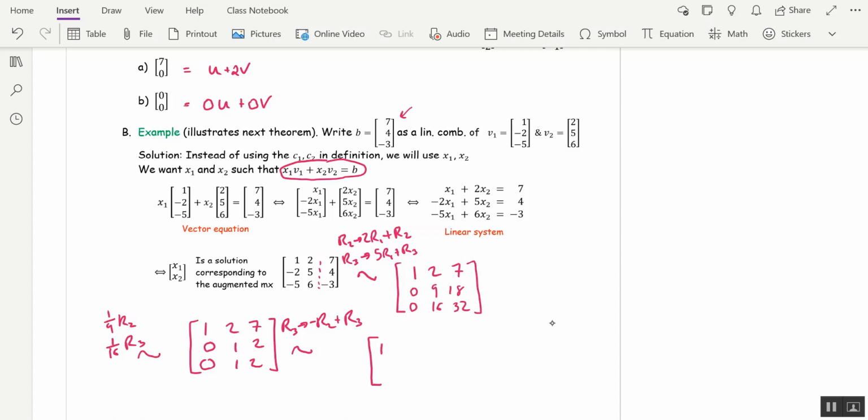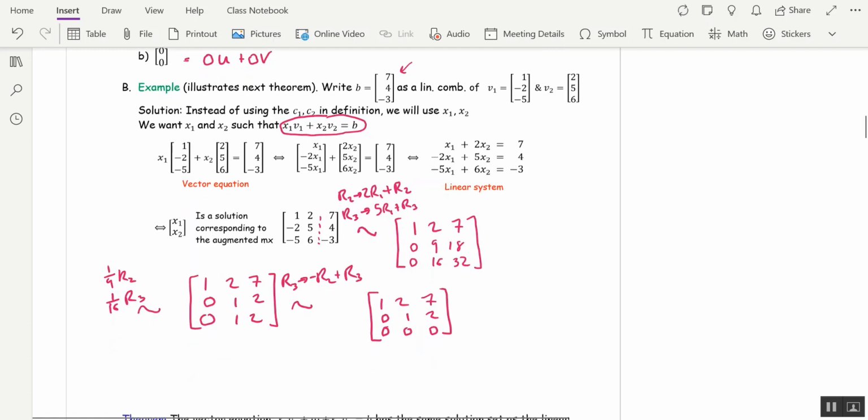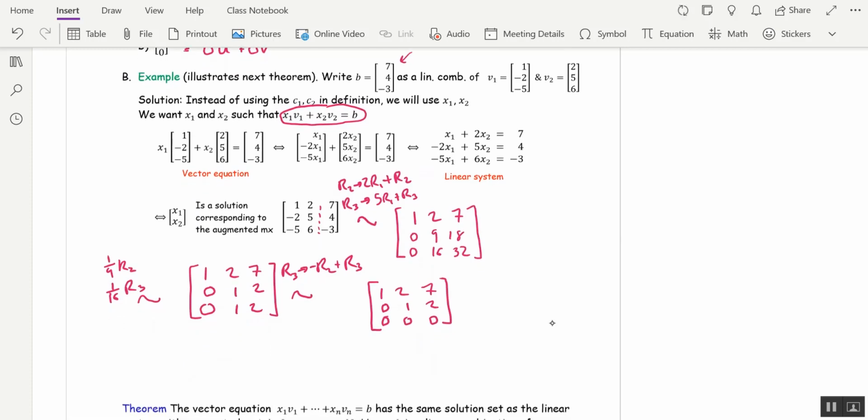So I'm almost at echelon. 1, 2, 7, 0, 1, 2, 0, 0, 0. That's echelon. But I want to go one step further. I want reduced echelon. So I'm going to replace row 1 with -2 row 2 plus row 1. And I get 1, 0, 3, 0, 1, 2, 0, 0, 0.